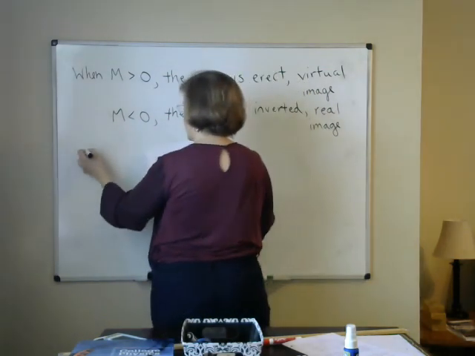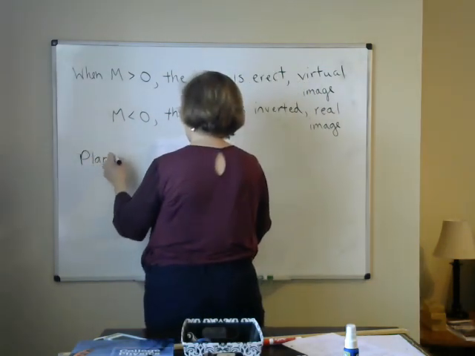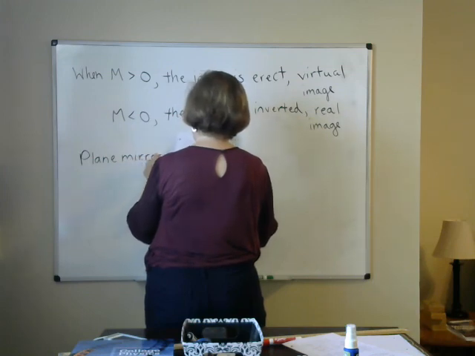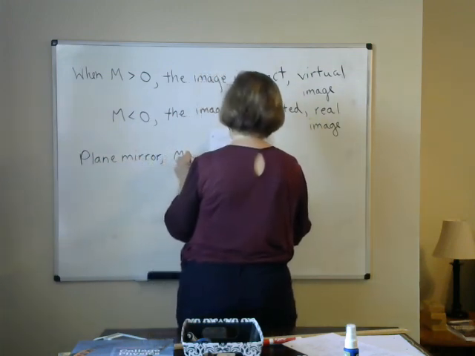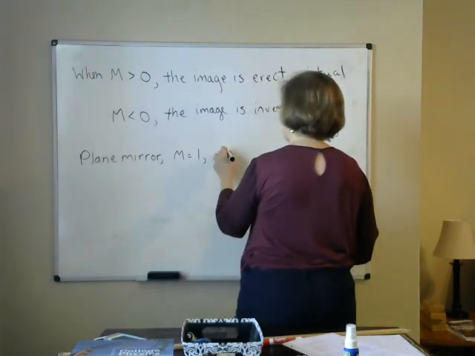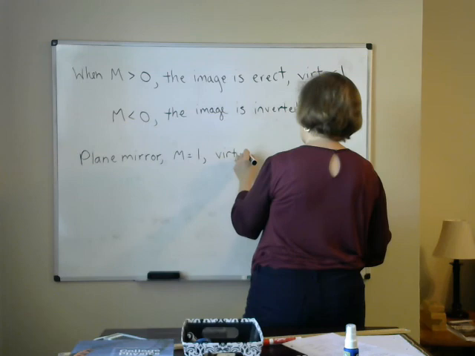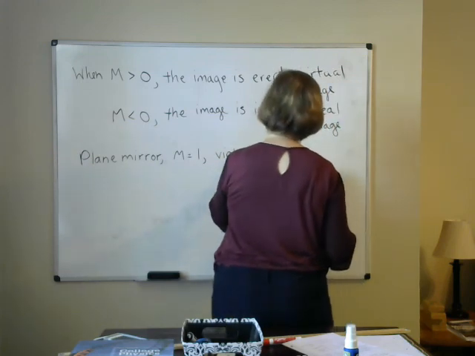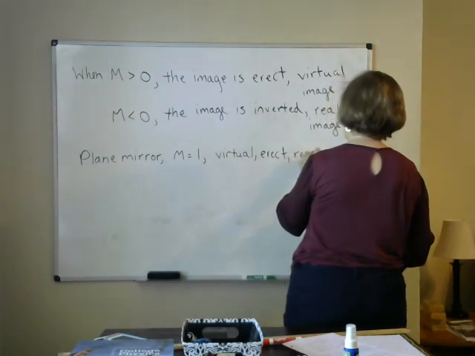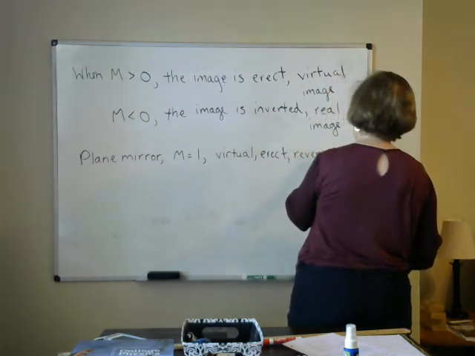If you have a plane mirror, we know the magnification is going to be 1, and it will make a virtual, erect, reversed image.